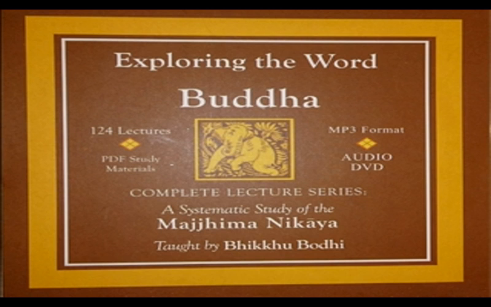Form, feelings, perceptions, mental formations, and consciousness. Okay, good. Okay, so these five aggregates, this is when we refer to a person. What does a person consist of? These five aggregates.